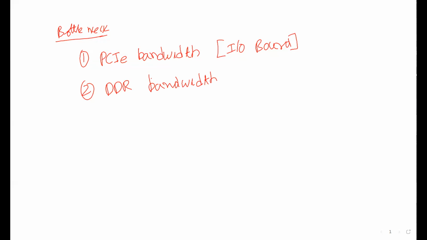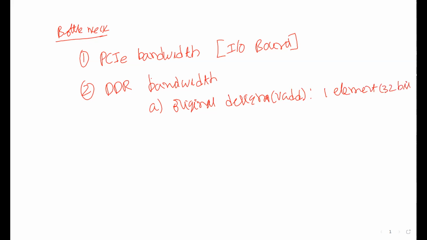In the original design, in just VAD, we are reading 32 bits, one element, at a time. This is what we were doing originally.